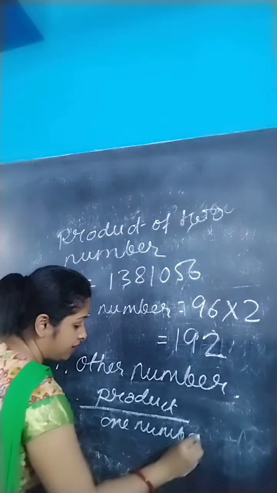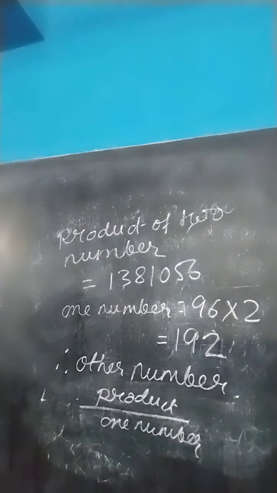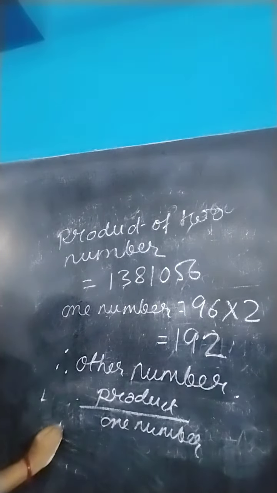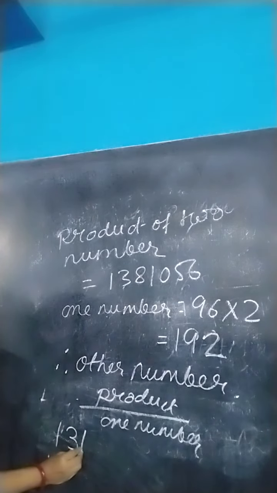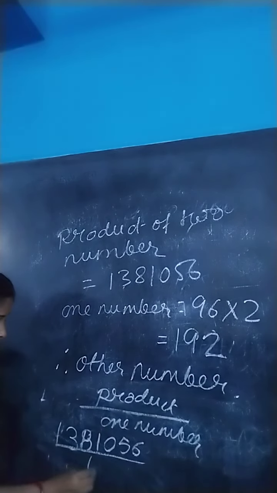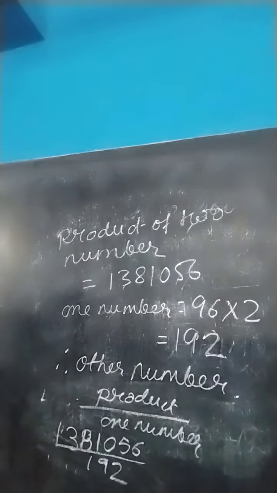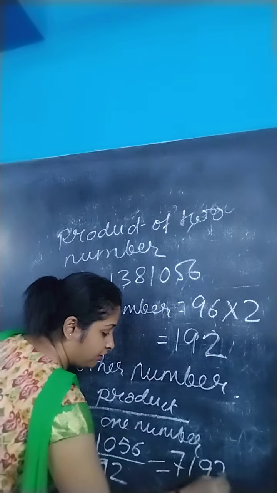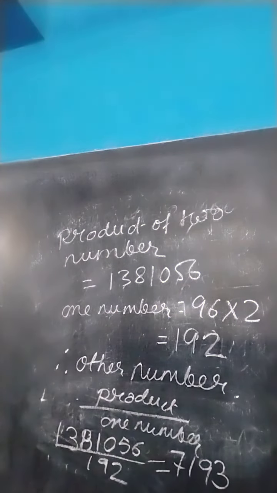Here the product is 1381056. That divided by 192. If you divide these two, you are going to get 7193 as the answer. So answer will be 7193.